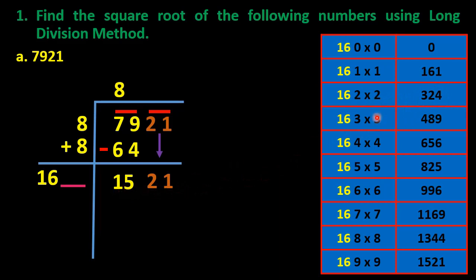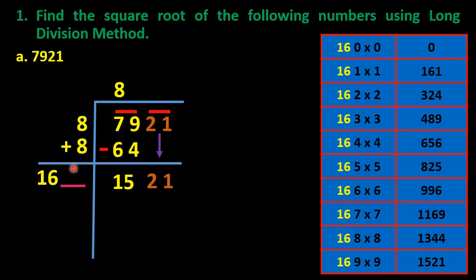Similarly you have to try the other numbers 3, 4, 5, 6, 7. For 7, the product is 1169, which is still less than 1521. If you replace the gap by 8, then it will be 1344, again smaller than 1521.